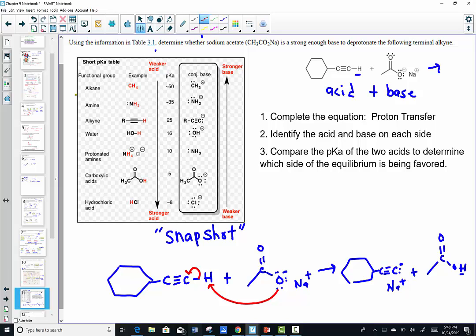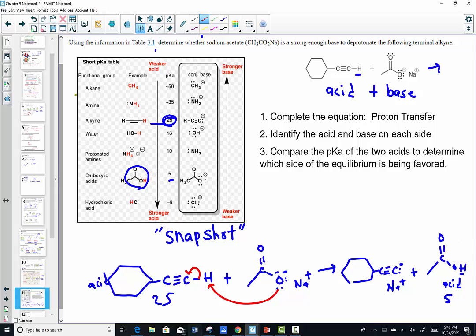So notice again, just looking this up so many times, the pKa of a terminal alkyne is about 25. This is the acid. On this side, this is the acid, the carboxylic acid, COOH, and it has a pKa of 5.